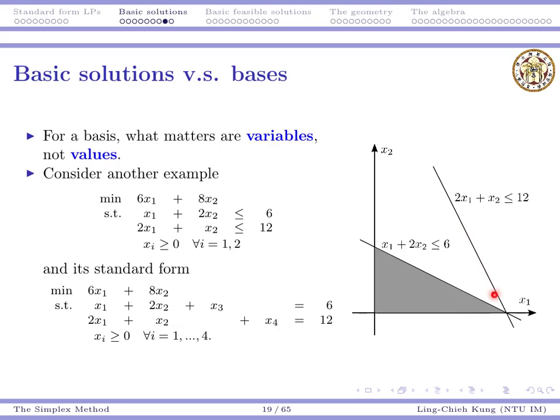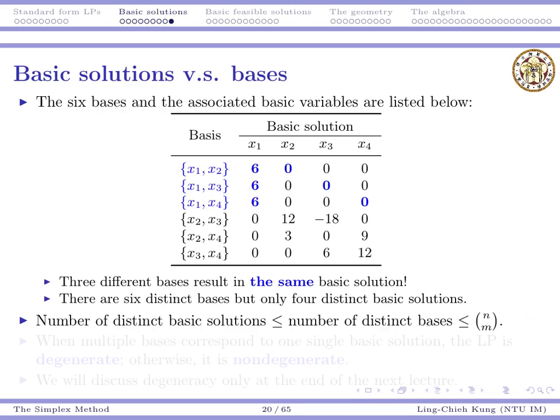As you can see, 2 constraints and one more non-negativity constraint, they intersect at one single point. Here, if you repeat the whole process by yourself, for example, choosing x1, x2 to be a basis to find a basic solution, and then x1, x3 to find another basic solution, and so on, you will see the following things. 3 different bases result in the same basic solution.